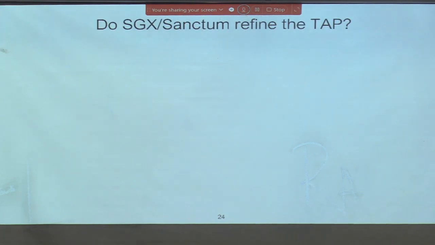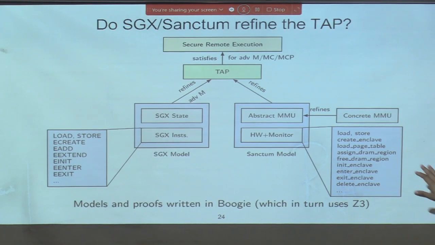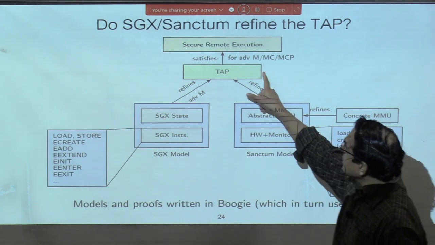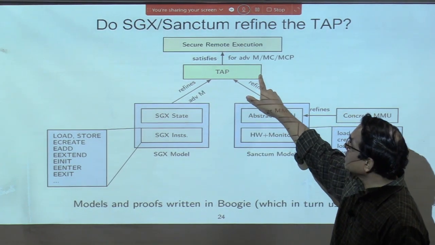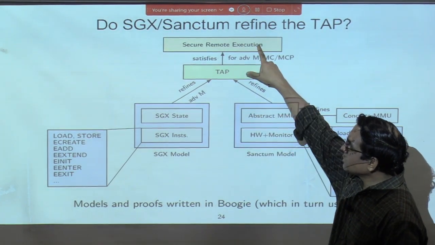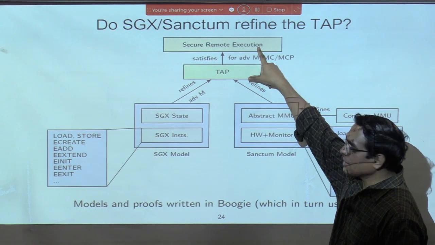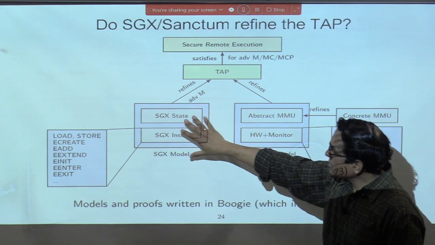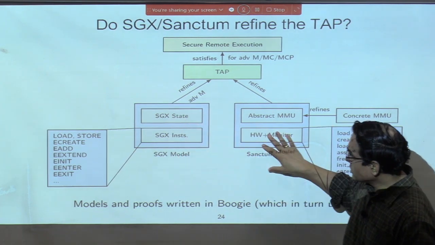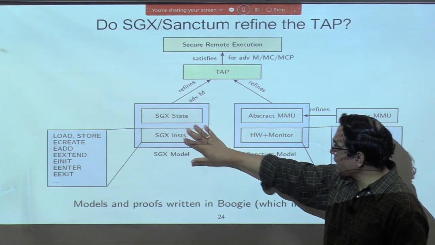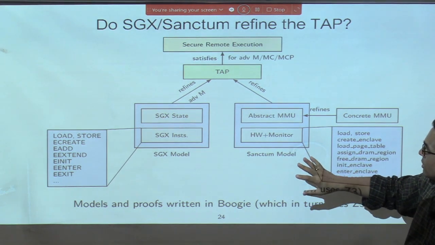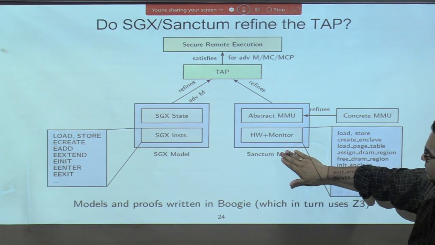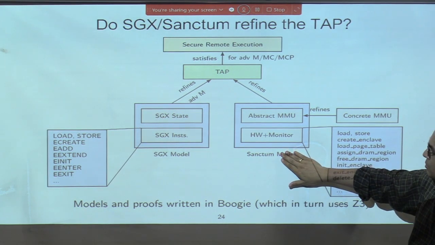So let me give you a diagram that may show exactly what we did. There's a formal model that we wrote by hand. This is the thing I was just talking about, whether that formal model satisfies the SRE property that I talked about earlier. Then there are specific trusted execution environments: Intel SGX, and the MIT RISC-V Sanctum processor.